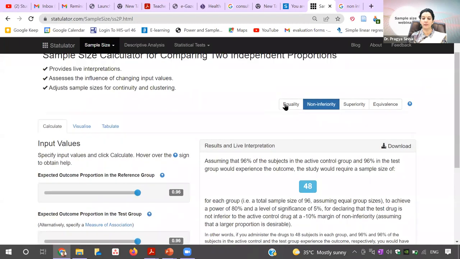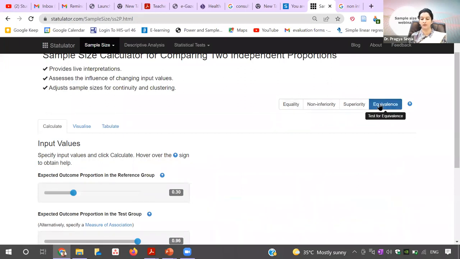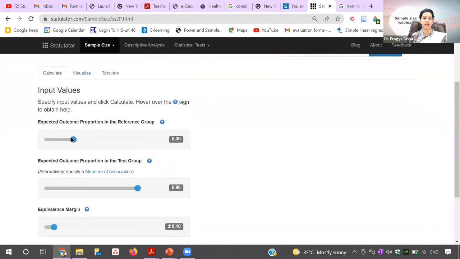So what many people do, instead of this non-inferiority, they calculate the sample size either on equality or on equivalence. So if you click this equivalence, I will show you the equivalence also, and expected outcome is 0.96, so 90. So it will be 0.90 here.